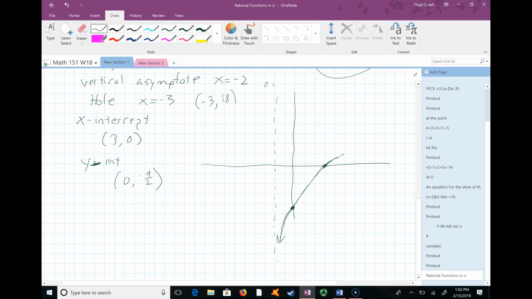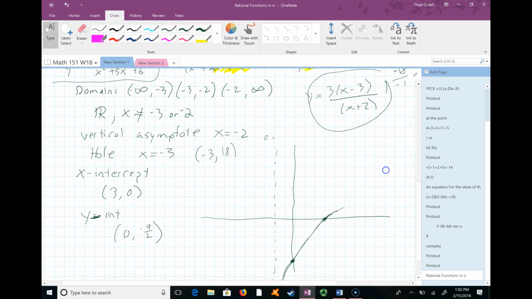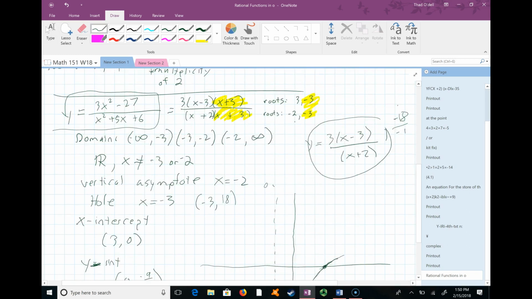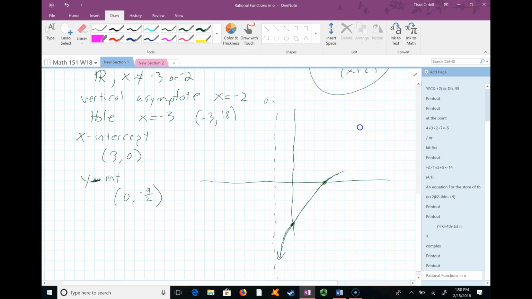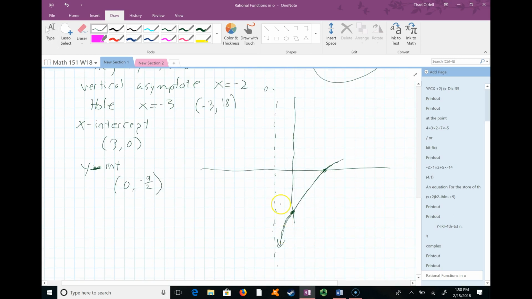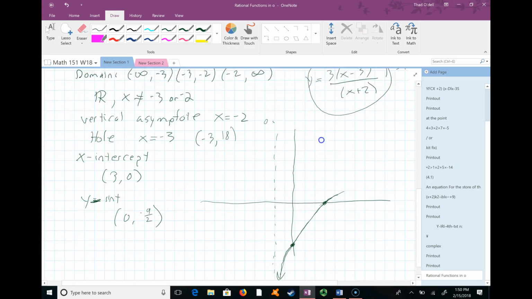Now, remember that with 1 over x, the behavior on either side of the asymptote was different, because there's a multiplicity of 1 there. So once again, this root, the -2, has a multiplicity of 1. So we know that the behavior on either side of this asymptote should be different. That's not surprising, because we already know there's a hole up here.